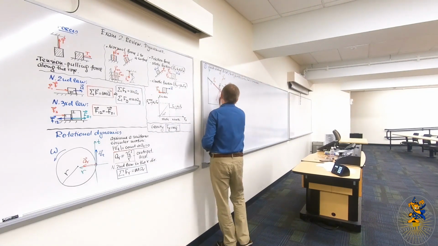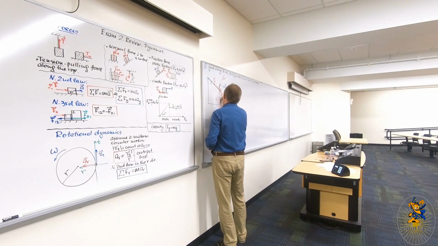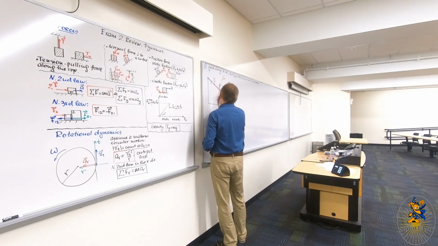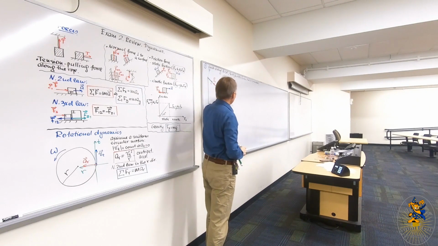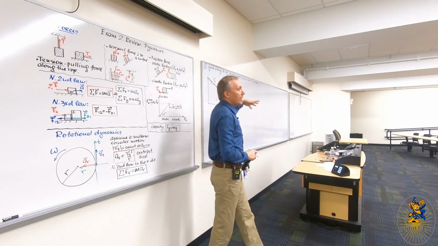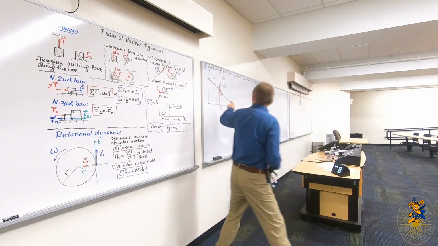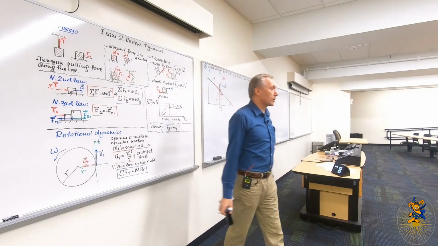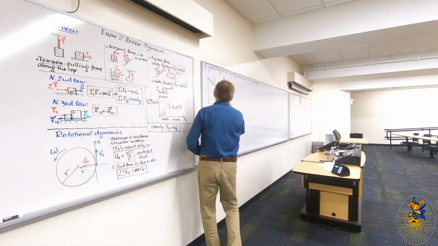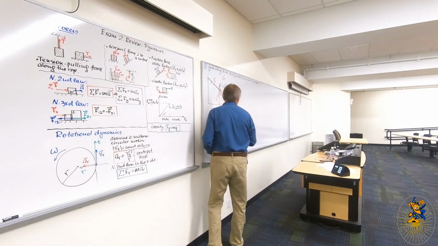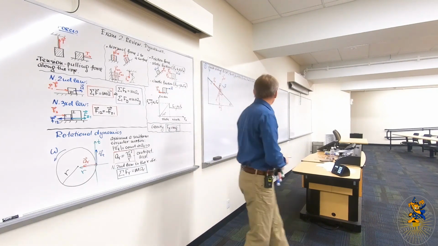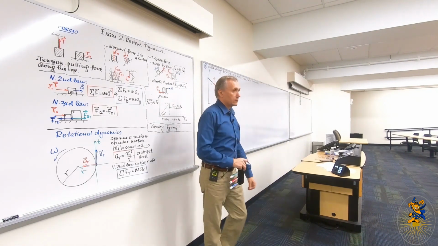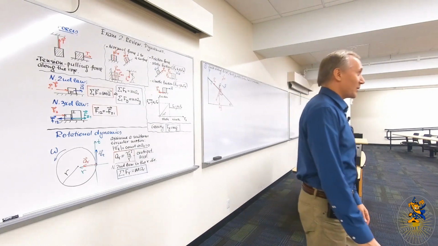But we need to know this angle. If this is 90 minus theta, then this angle must be equal to theta, because this angle and that angle add up to 90 degrees. That's what I usually do to convince myself that this angle equals that angle, if I start doubting myself.